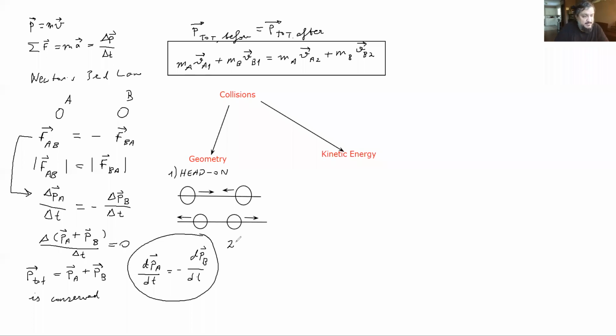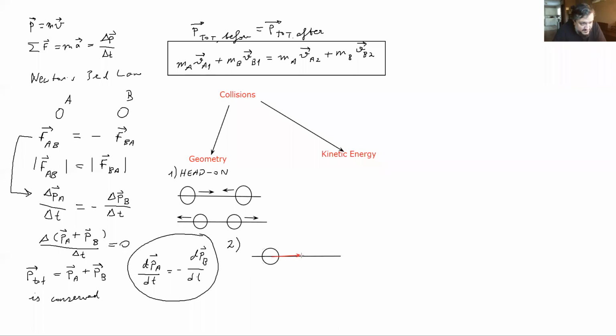As opposed to a glancing collision, which is more like the example I showed you in the previous video. That happens when these are not lined up to begin with. So let's try to draw it again. So here's the line that represents the path of the ball on the left. Okay, let me use a different color for the velocity vector.